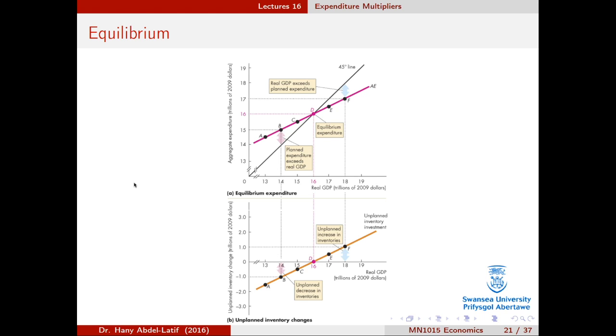So the idea in this case is that we are at A, B, or C, where the aggregate expenditure is above the real GDP.